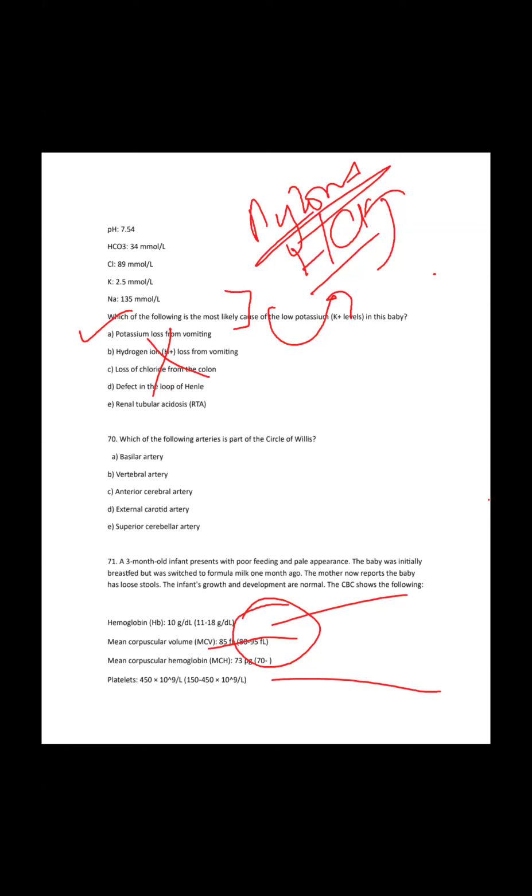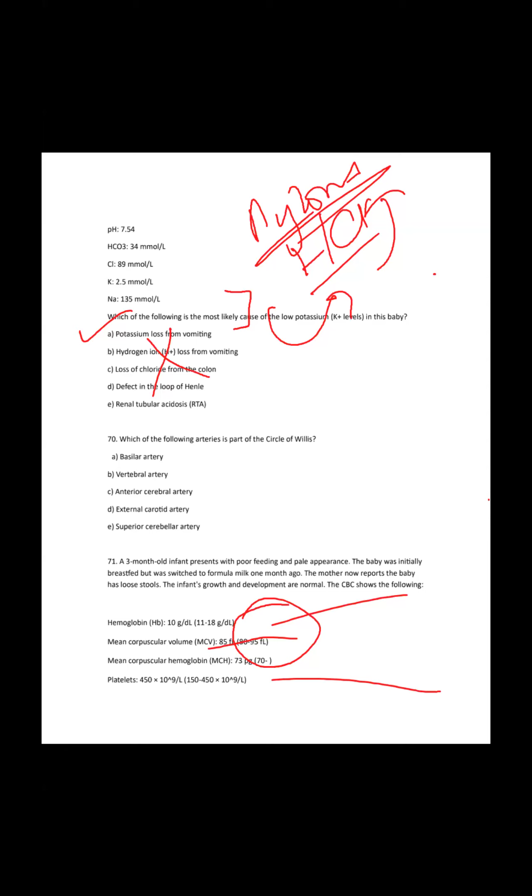Just a second. In pyloric stenosis, due to the loss of hydrogen and chloride ions. So they are saying that an infant with severe vomiting caused by pyloric stenosis can develop profound hypochloremia and hypokalemia.